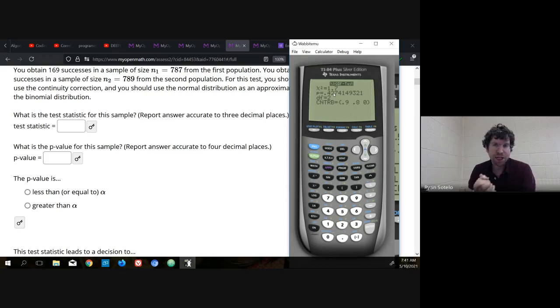So I can't reject that claim. That's too likely. So I would fail to reject, and I'd have to say, yeah, we'll go with the idea that the distribution is 50% red, 25% green, 25% blue, because I don't have a small enough p-value to reject that claim. That's how you do a chi-squared goodness of fit test.